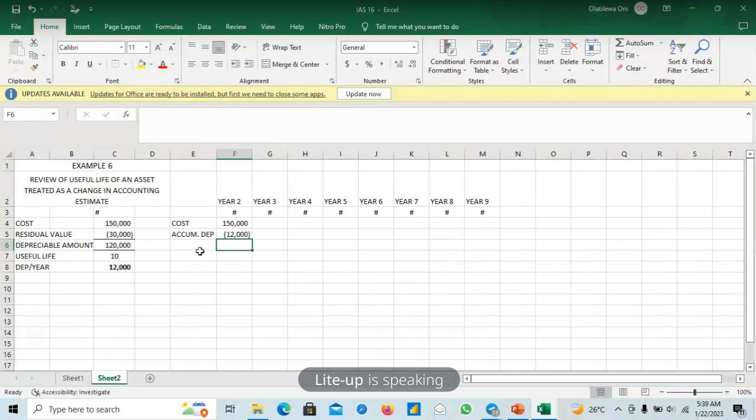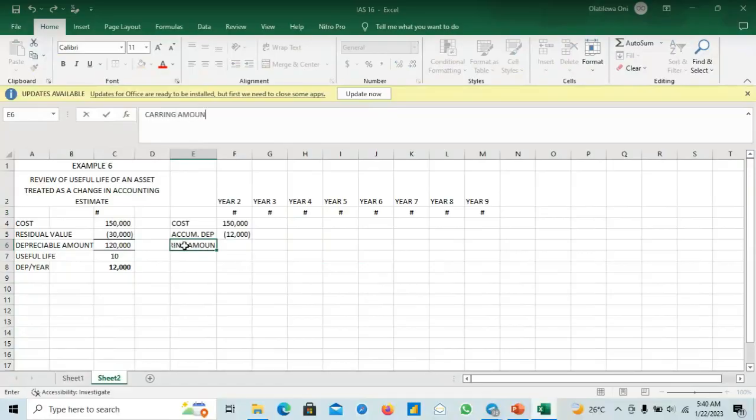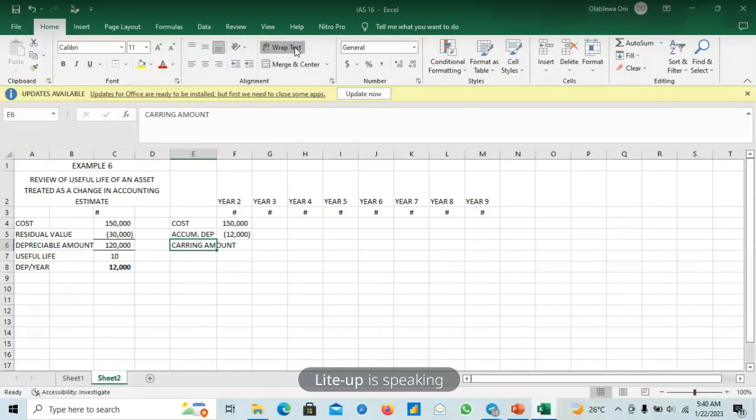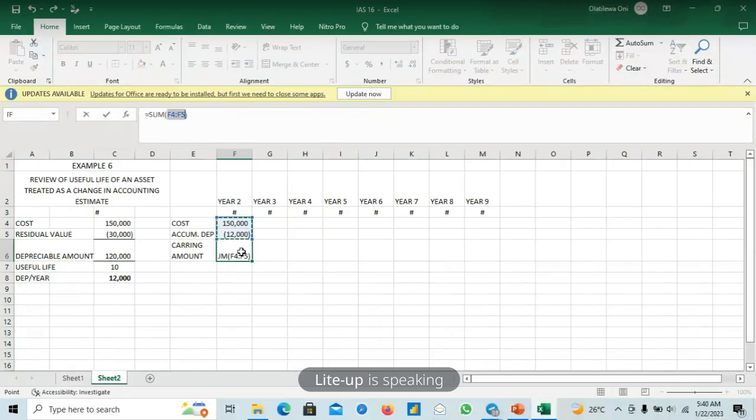So the carrying amount in the first year will be the difference between these two, which is 138,000 naira.